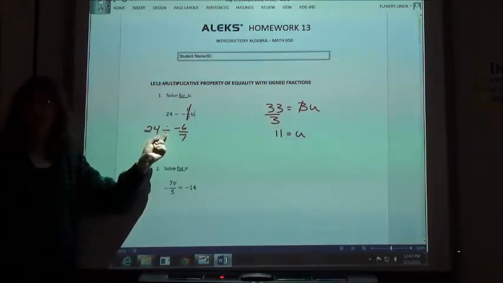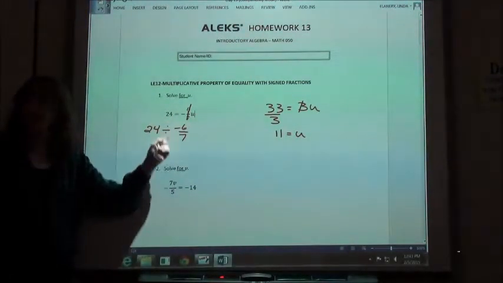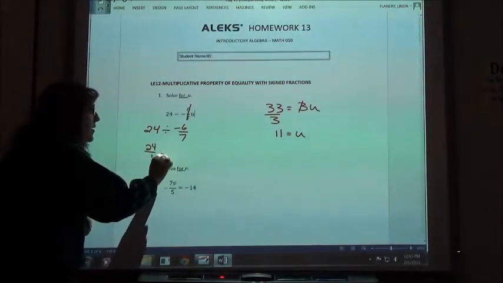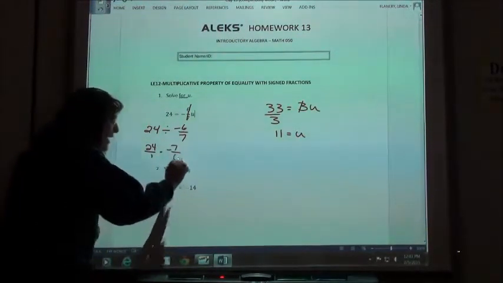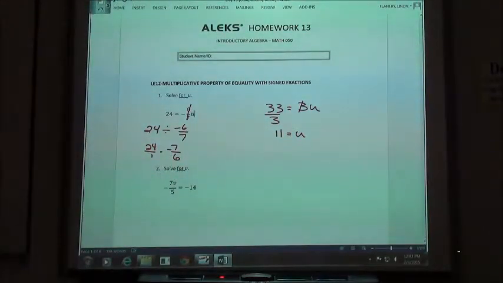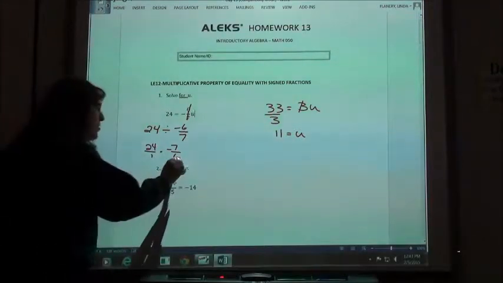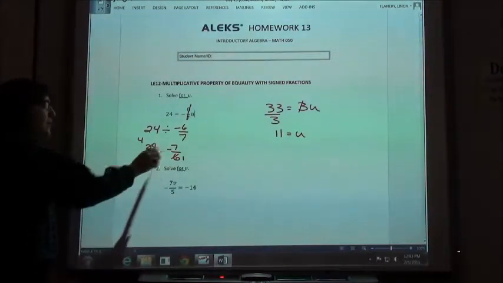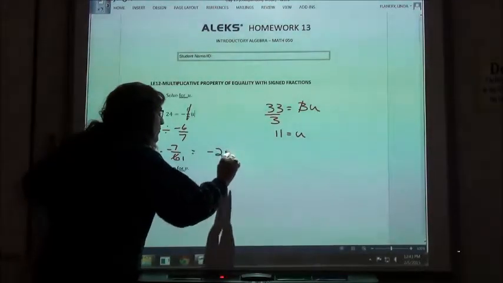When we divide with fractions, we end up inverting and multiplying. So we make it 24 over 1 times negative 7/6, right? And then we say, oh, 6 goes into here once and into here 4 times. 4 times negative 7 is negative 28.